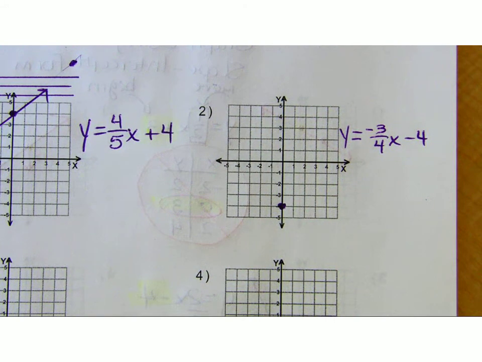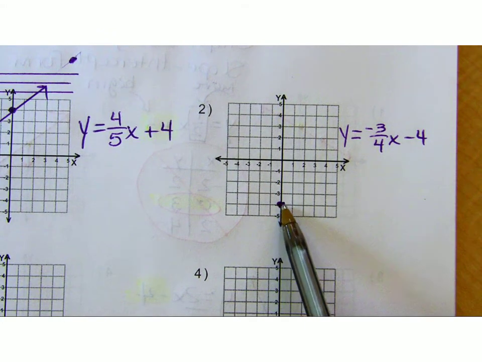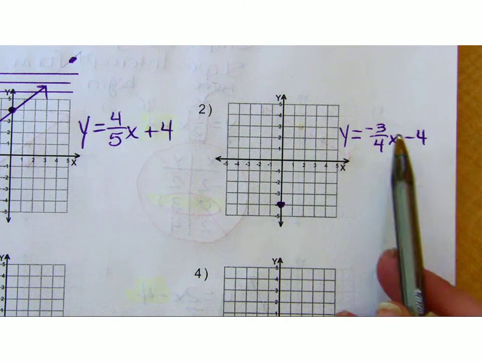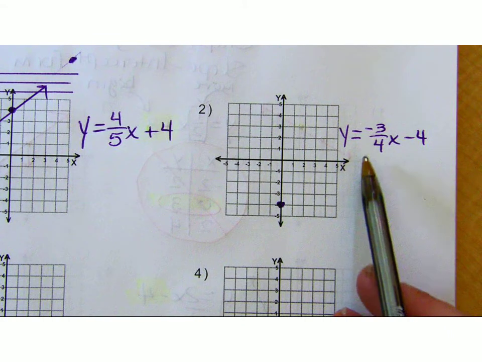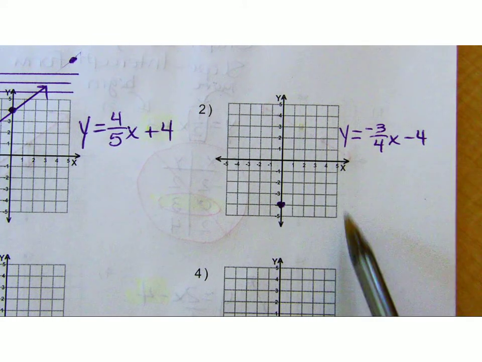So, first thing you need to notice is that there's a negative sign in front of that x coefficient. So your line had better be going down from left to right. If you went up 3 and right 4, you're going to probably get a 2 on this next test.